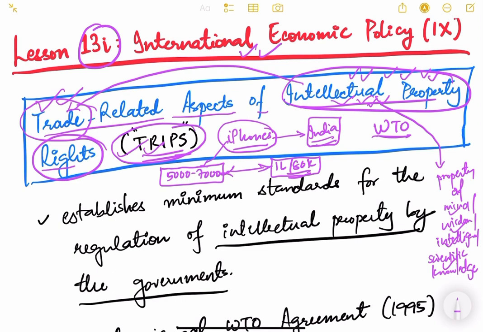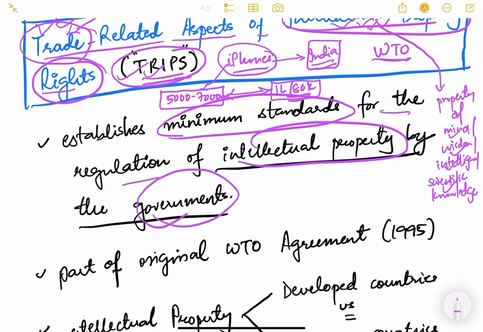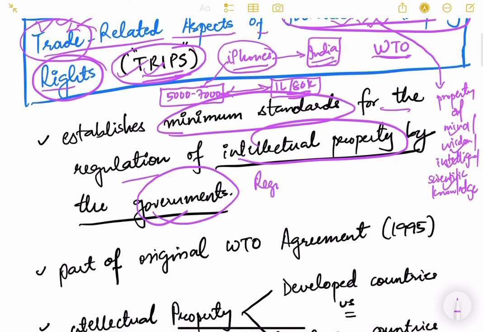So now let us look at this. What is TRIPS? So TRIPS basically establishes minimum standards for the regulation of intellectual property by the governments. See, now every country has regulations, laws, rules, right, to protect intellectual property in that country. But these rules, regulations and laws are different for different countries.